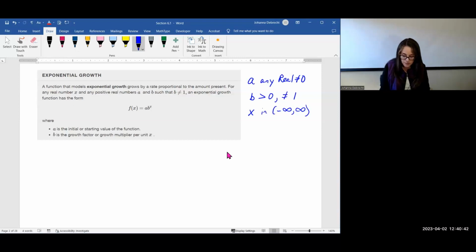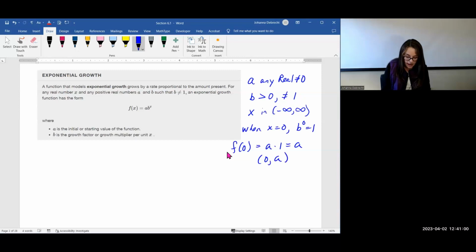Now, a b to the x, when x equals 0, then b to the 0 equals 1. So we get f of 0 equals a times 1, which equals a, which is the ordered pair (0, a). And that's what we mean by the initial value.